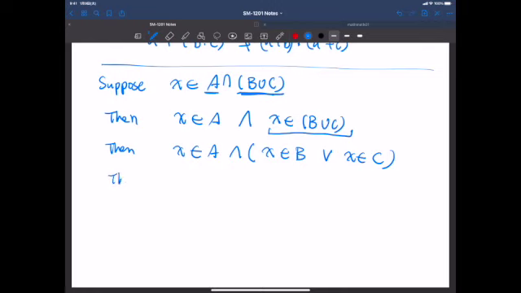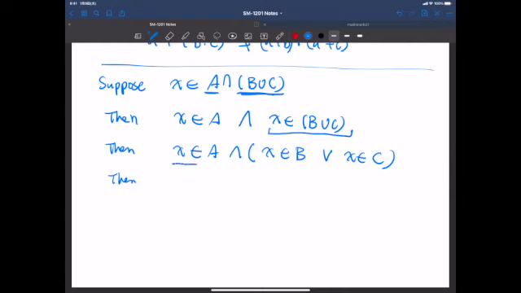And then this means, well, actually we need to prove the distributive law for logical operations, but we proceed intuitively here.